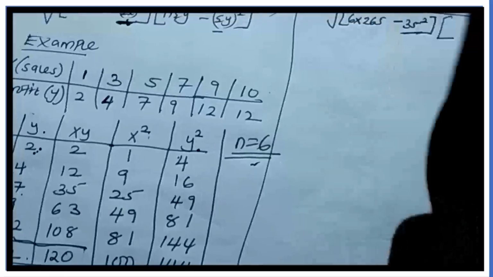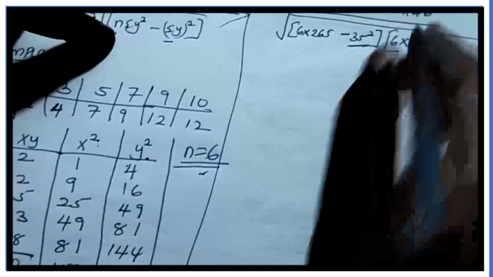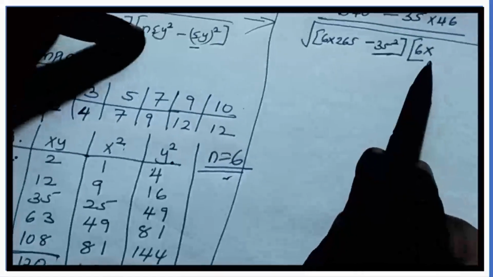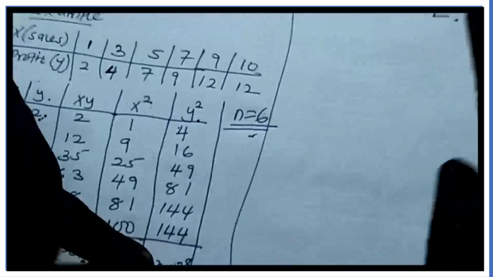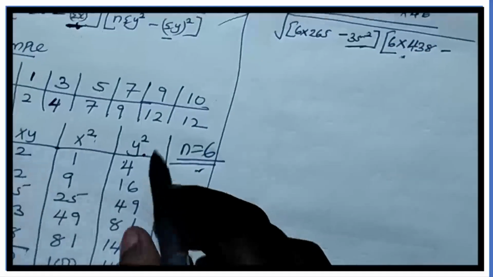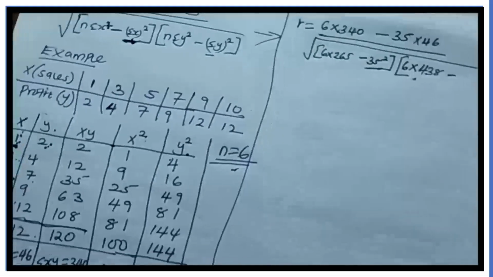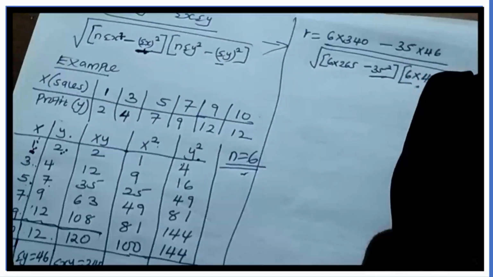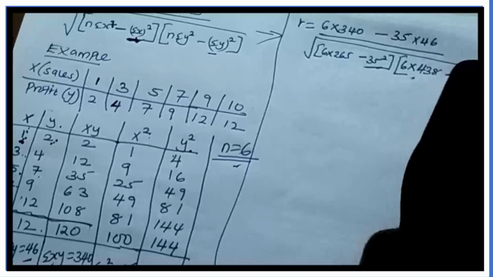The same case will happen with y. n is 6, and the summation of y squared here is 438, minus, again, we are using the summation of y, which is 46, that we are squaring.